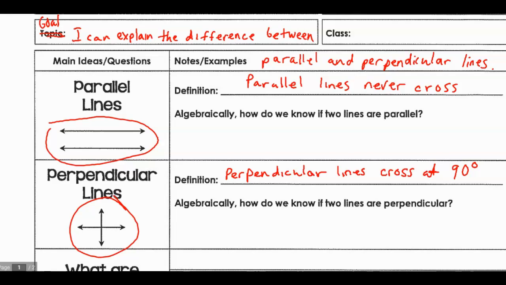So algebraically, how do we know that these two lines are parallel? If we're going to apply that to what we've been doing this chapter, they have the same slope. Remember, our slope is m. So your two m's are equal.